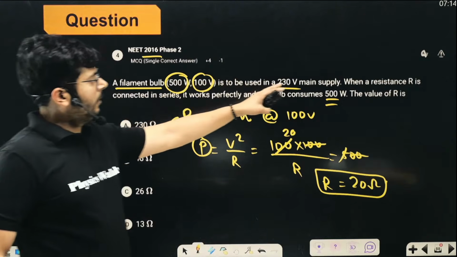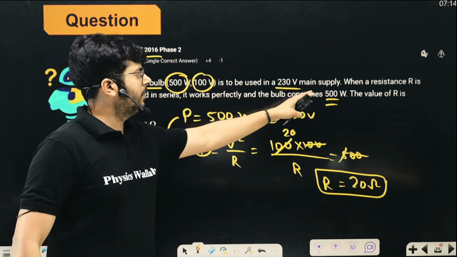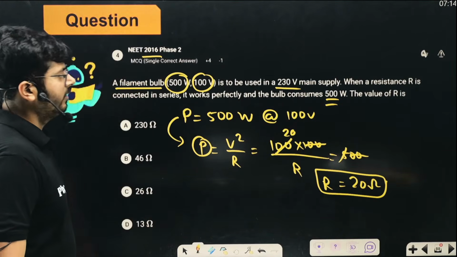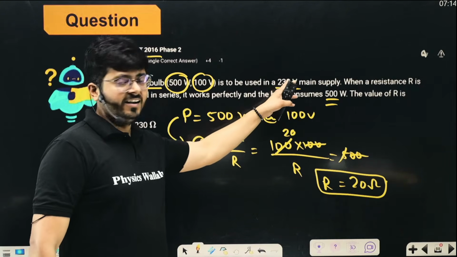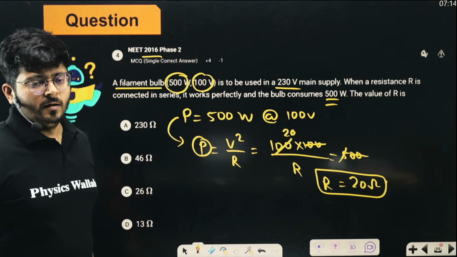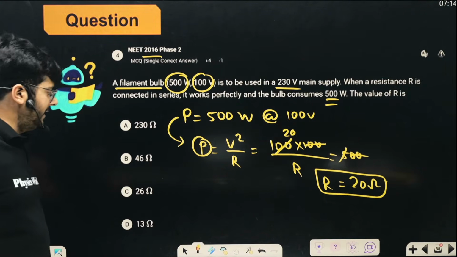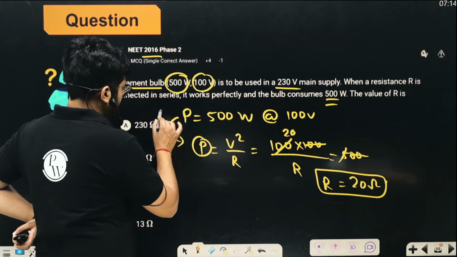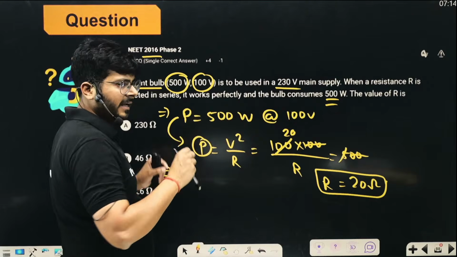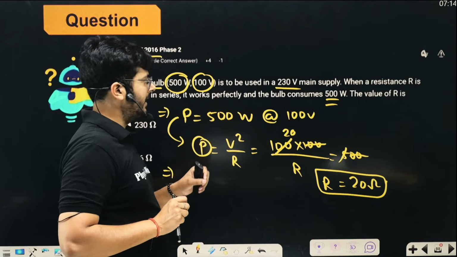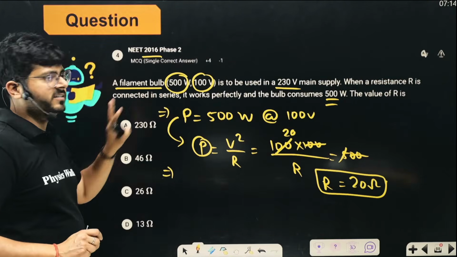Now what is happening? When a resistance R is connected in series, it works perfectly and the bulb consumes 500 watt again. Now we are connected to 230 volts instead of 100. After removing the bulb from the 100 volt supply, you are connecting it to a 230 volt supply, but a resistance R is also connected in series with it.